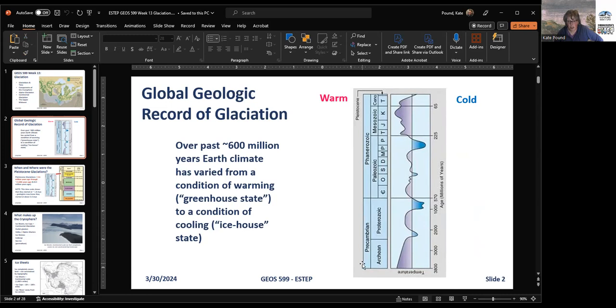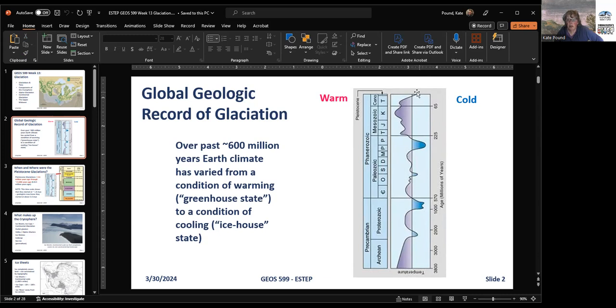And we've essentially got a time scale here, and it actually goes back to or into part of the Archean, all the way through up till now at the very top. So what does this graph show? It shows 1, 2, 3, 4.